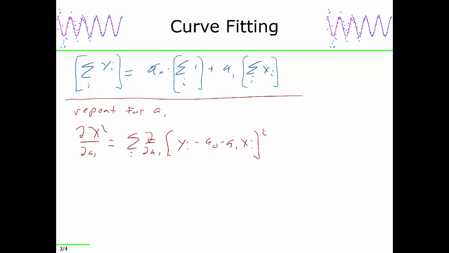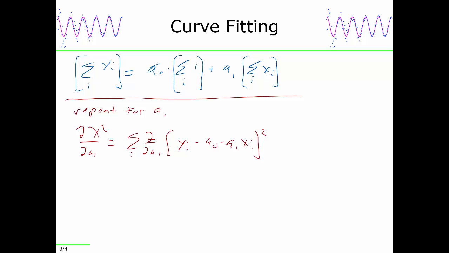So what is the derivative of that term in brackets with respect to A1? I'll let you ponder that and finish writing at the same time. Okay, go for it.